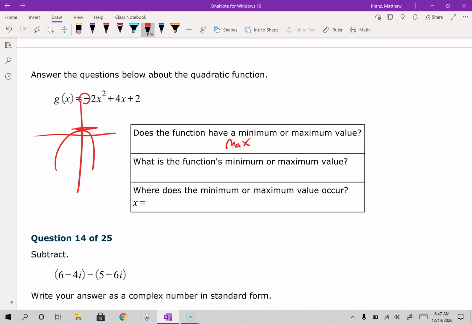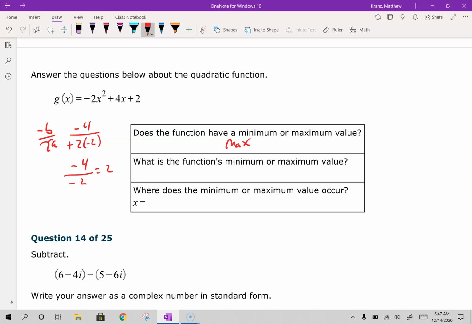So all you have to do now is find the vertex. Well, how do you find the vertex? Either A, you can go ahead and complete the square, or you can just use negative b over 2a, which in this case would be negative 4 over positive 2 times negative 2. So negative 4 over negative 2 is 2, right?